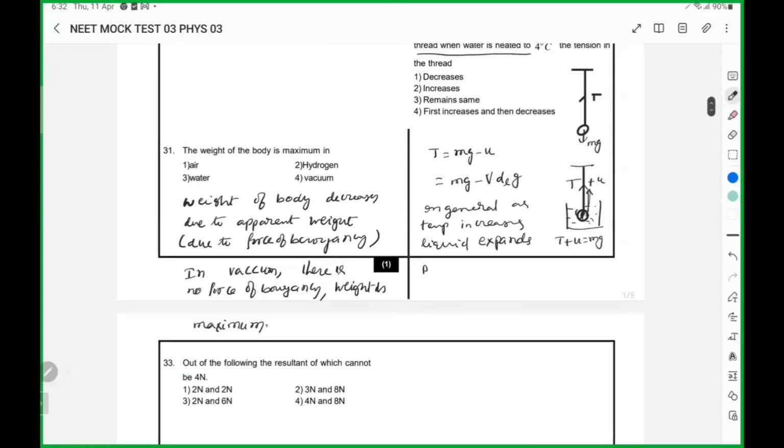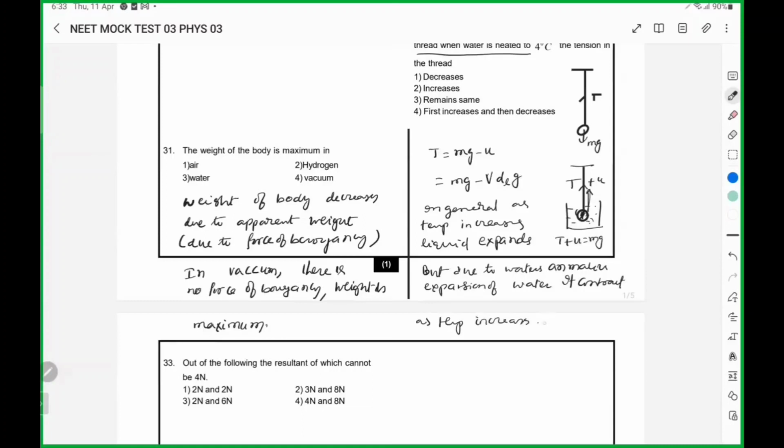But due to water's anomalous, which means special, property, the anomalous expansion of water, instead of expanding, it contracts as temperature increases.